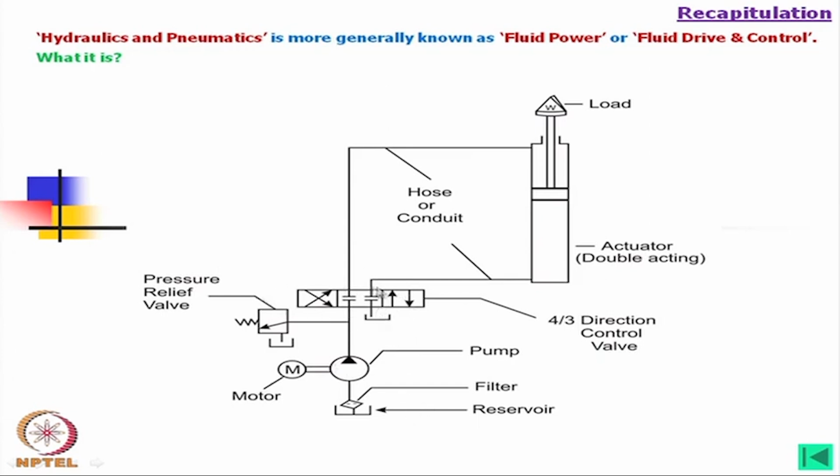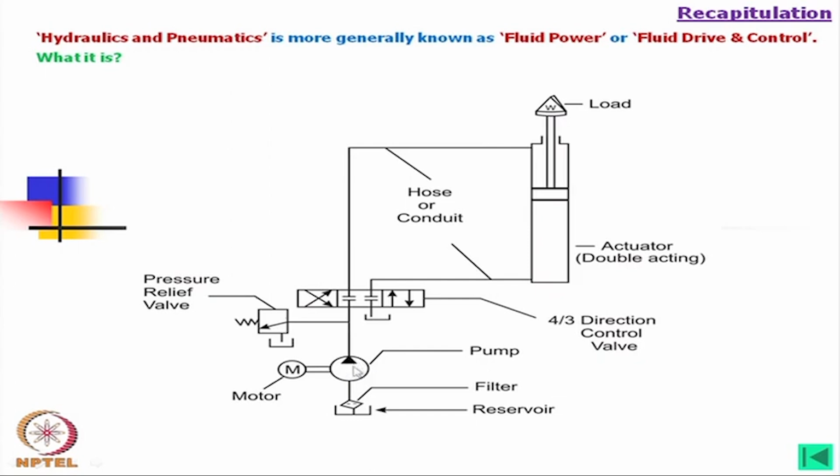These are the symbols used for hydraulic components. Suppose this pump is a hydraulic pump, and if it is a pneumatic pump, you can use a similar symbol. Only in case of pneumatic, this triangle is not filled.